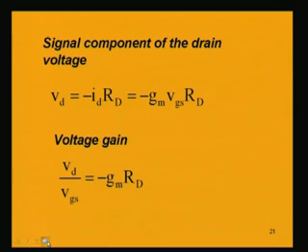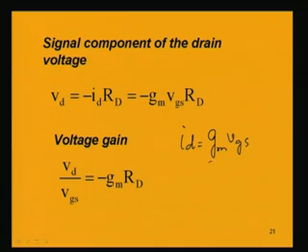So, writing down the AC component or signal component of the drain voltage, which is nothing but small i small d into R d with a minus sign, and again this small i small d can be written as gm into small vgs, because we know gm is small id by small vgs.